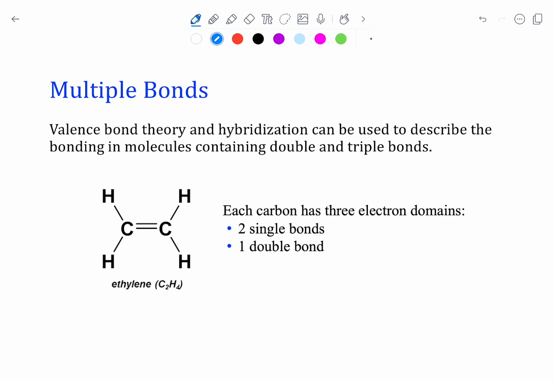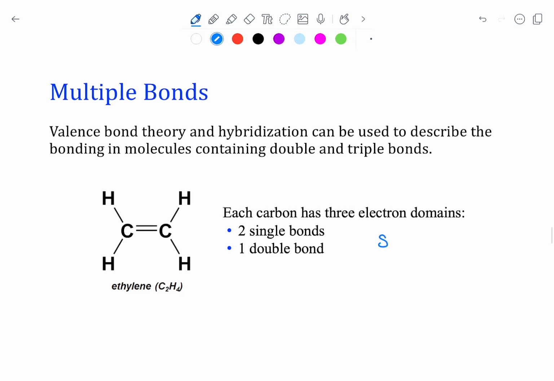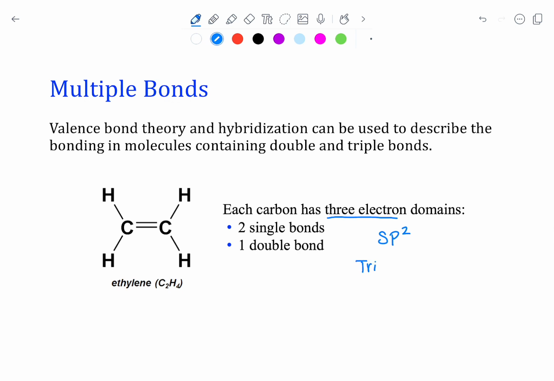Even though we have multiple central atoms, they are mirror images of each other. So each carbon has the same number of electron domains made up of 2 single bonds and 1 double bond. So this would effectively be sp2 hybridization, right? 1 plus 2 is 3 electron domains, also known as trigonal planar electron domain geometry.